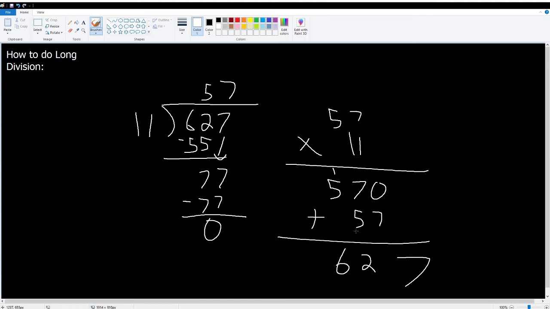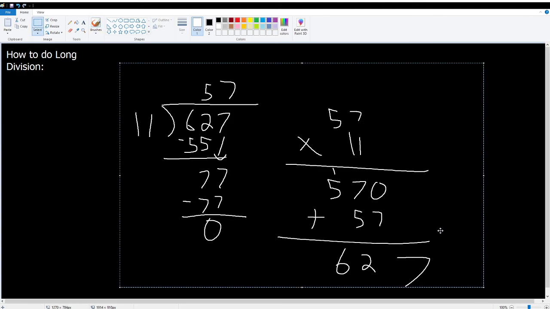So 11 times 57 is 627. Okay. So I didn't really do traditional multiplication here. I just knew that 11 is really close to 10. So 10 times 57 is 570, and one more 57 gets me to 627. Right. So that's how you would check your work for this one. It's always a good idea to check your work.